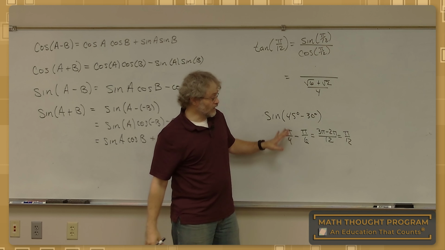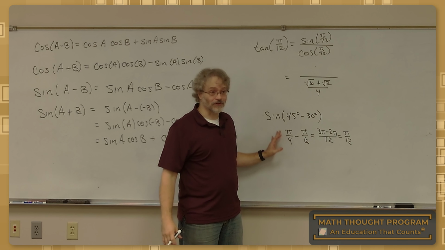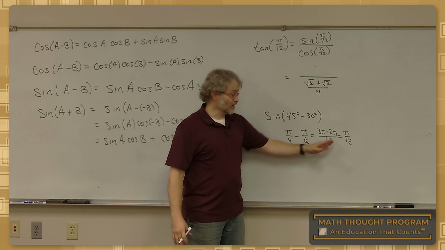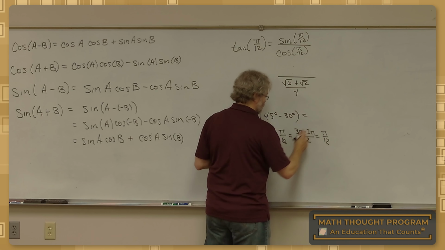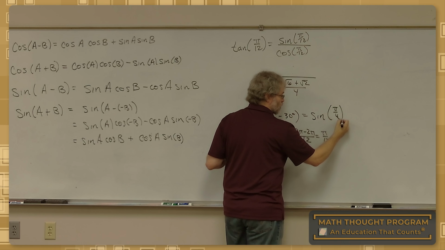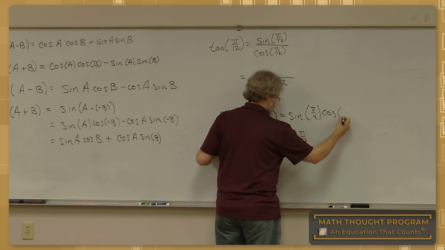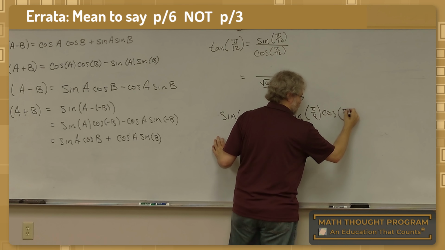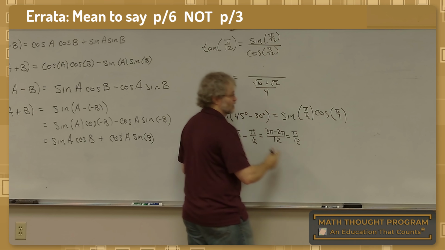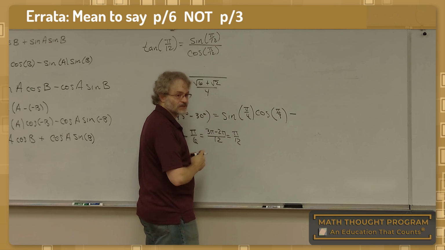Now, I get it. It's going to take a little time for you to really wrap your minds around this deconstruction as you decompose pi over 12 into the individual pieces. Okay, so apply the identity. You'll have sine pi over 4, cosine pi over 3. We're talking about the sine identity, so it's going to be negative, since this is the difference.